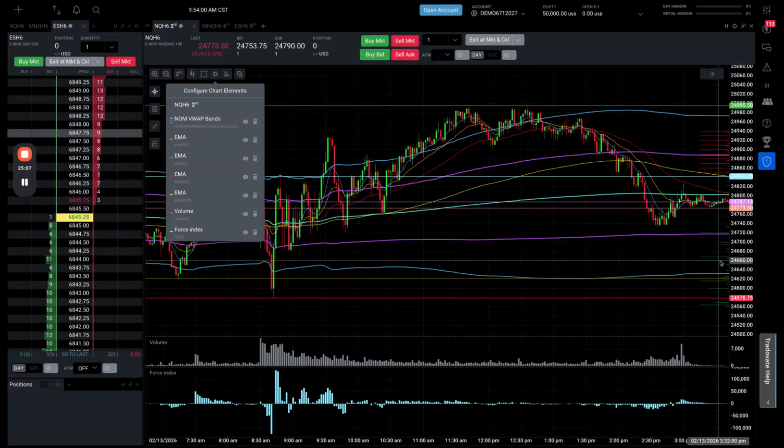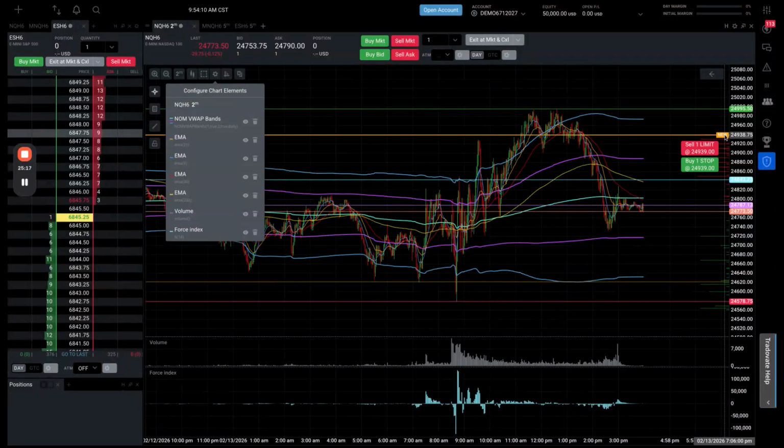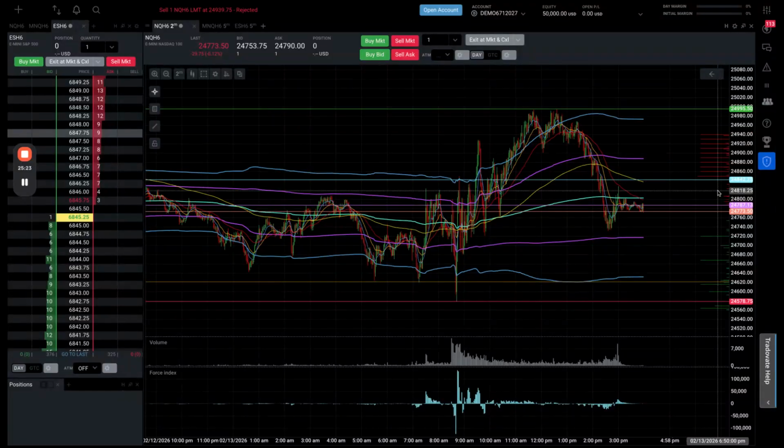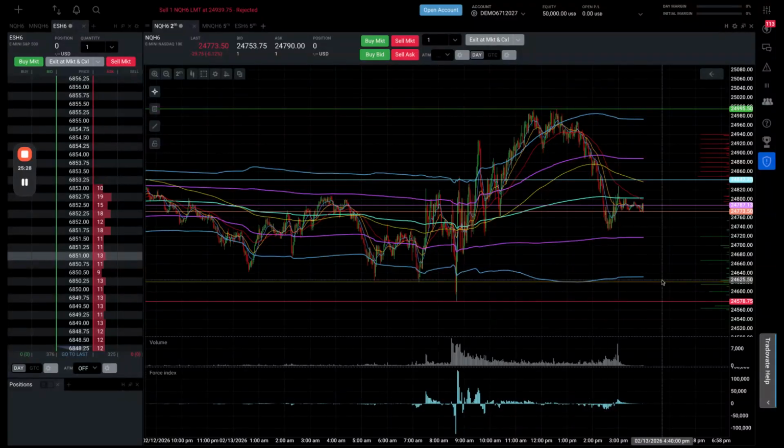You got a lot of people putting buys around this level here. And then you got a lot of people selling, getting into red lines around here. That's what these show, where people are placing their orders. And it's the same thing over here.